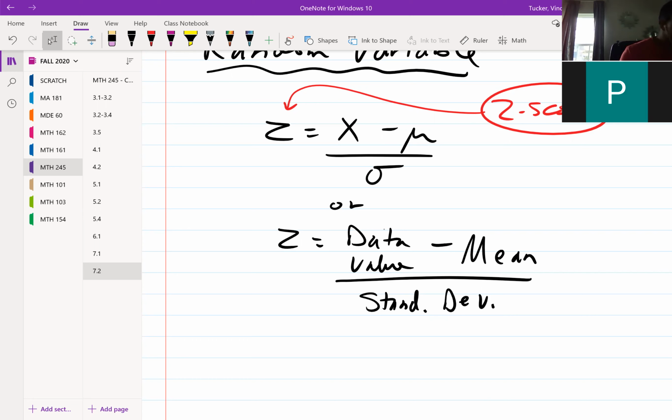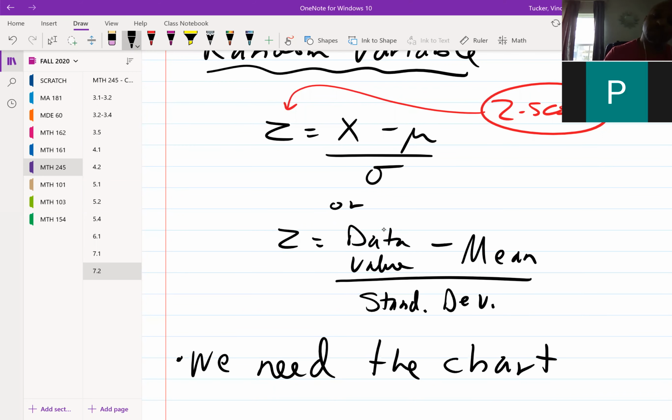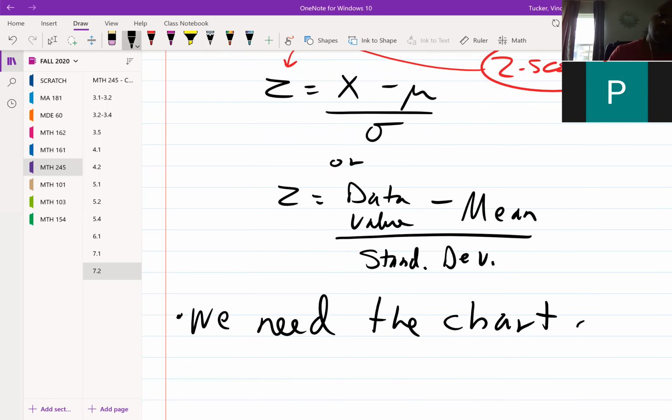Let's see, before I go to the problem. Yes. So let's look at the chart. Hold on, guys. Looking for that page number.